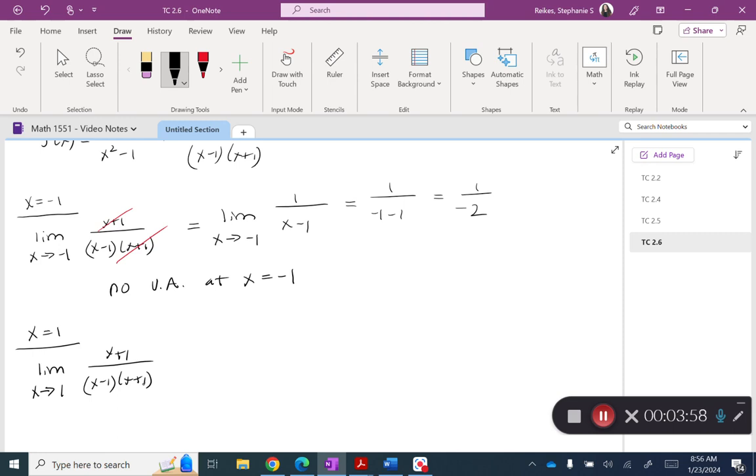Again, let's go ahead and cancel out those x plus 1 terms. And we've got the limit as x approaches 1 of 1 over x minus 1.